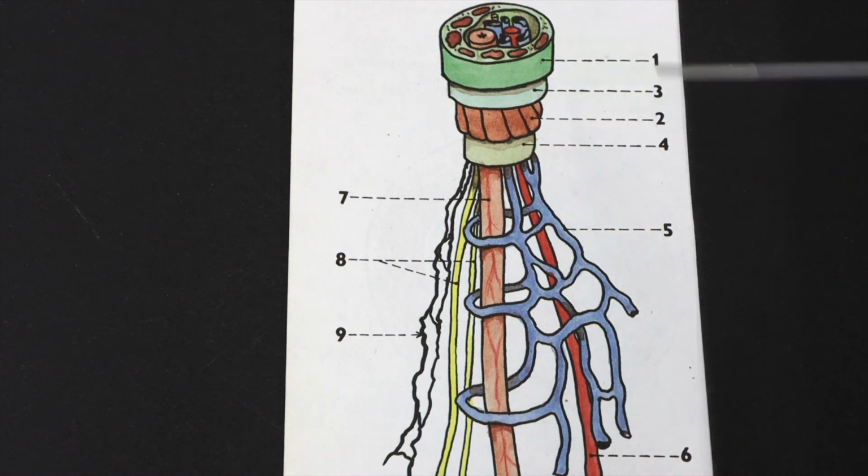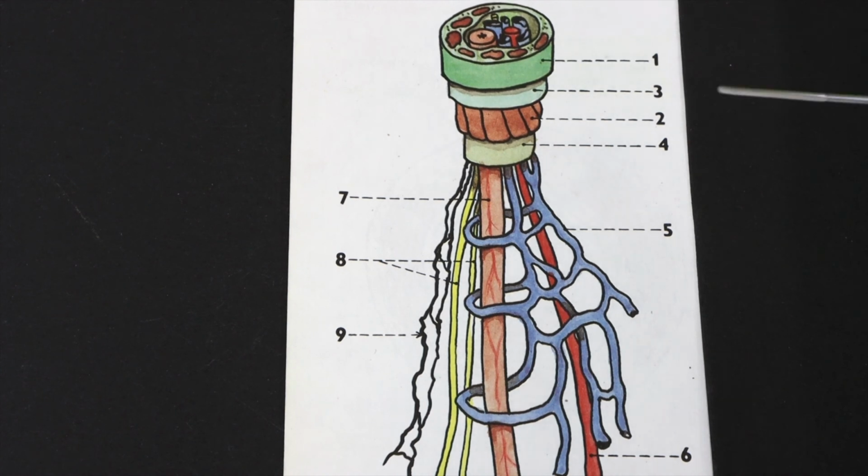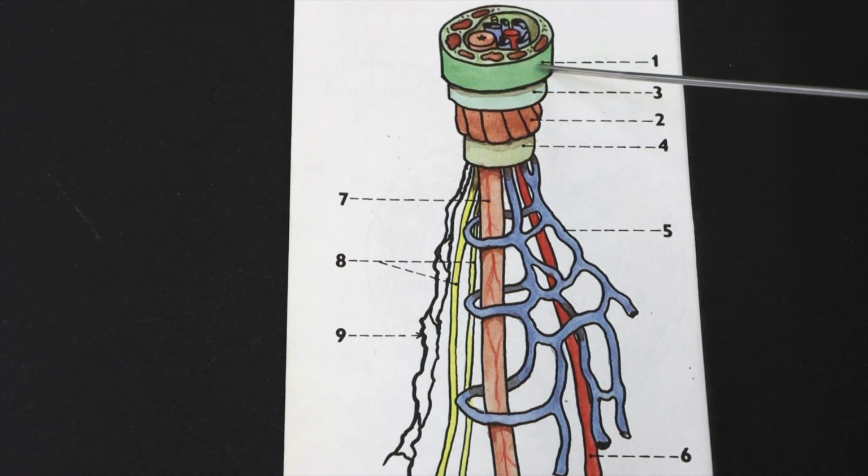The layers of the spermatic cord are more or less the same as the layers of the scrotum, but of course here we don't have the skin and the tunica dartos. We have the external layer, which is the external spermatic fascia.